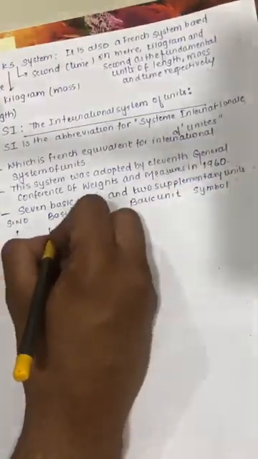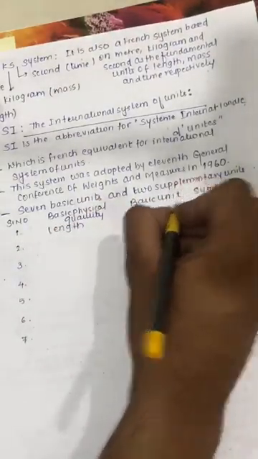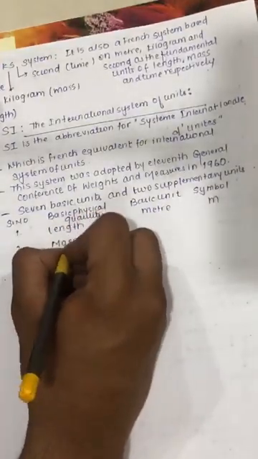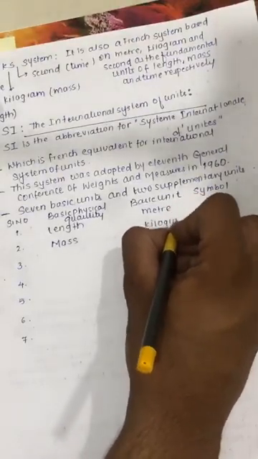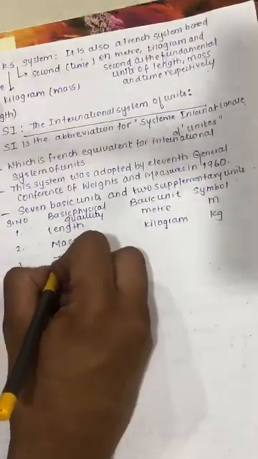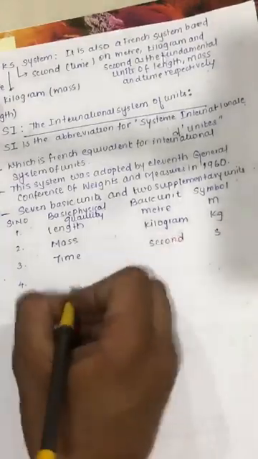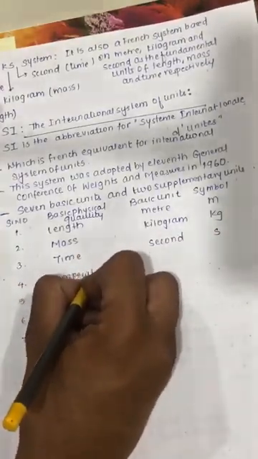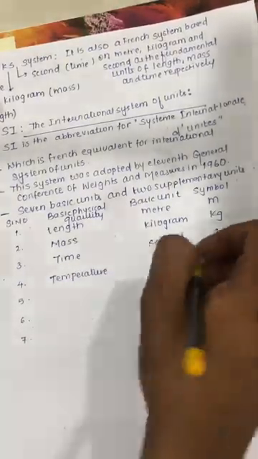The very first quantity, that is your length, the unit was meter, denoted by symbol small m. Second is your mass, basic unit is kilogram, and symbol for kilogram is kg. Time, second. Temperature, basic unit is Kelvin, named after scientist Kelvin.